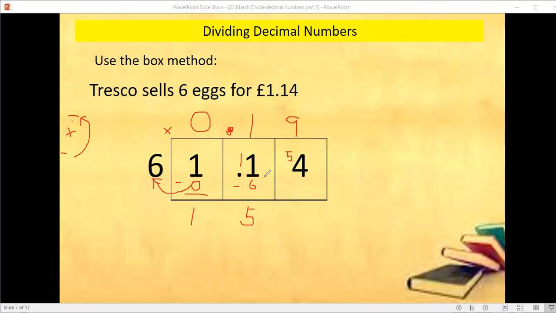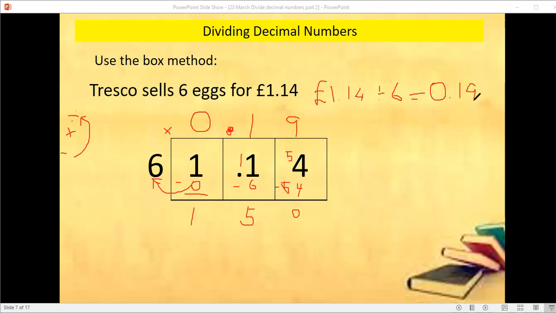So 9 times 6 is 54. Then we need to subtract, which gives 0. So we are done. Therefore, 1.14 pounds divided by 6 is 0.19 pounds, 19 pence.